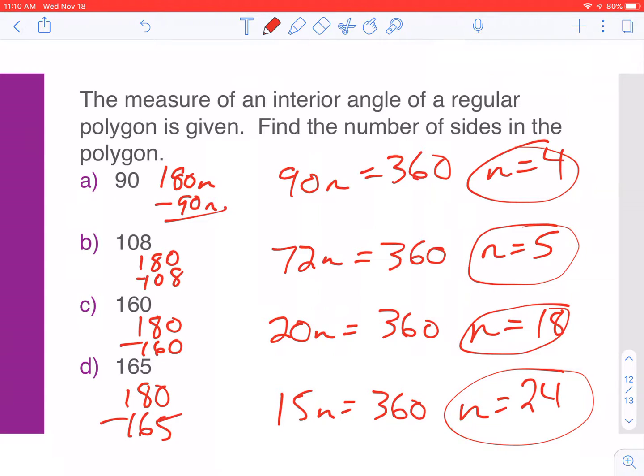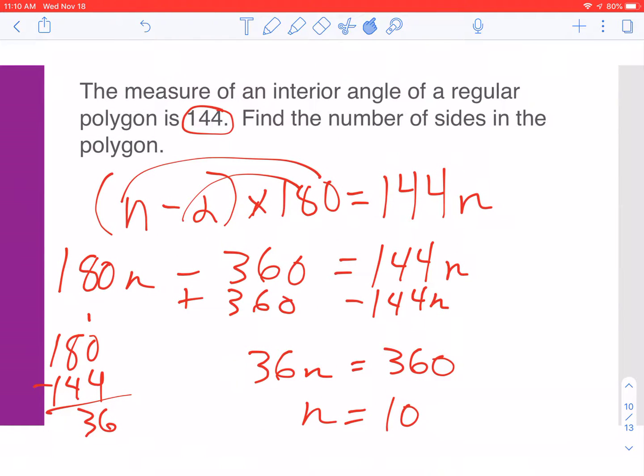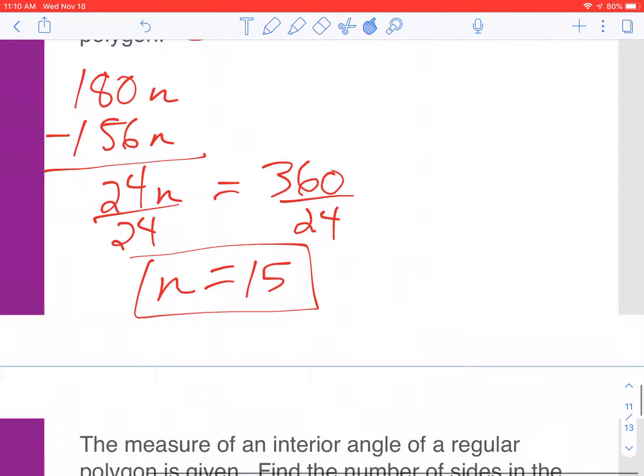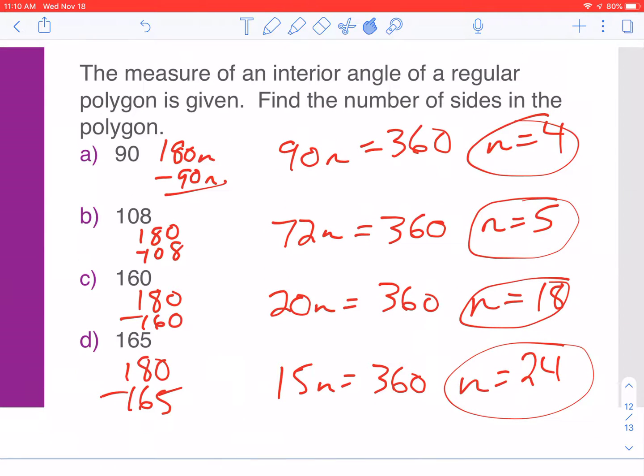Okay, so if we go back to this funky formula up here, I just simplified that whole formula for you, so we didn't have to chew out that long algebra problem each time. And you just take 180, subtract it, find your new number, divide both sides.